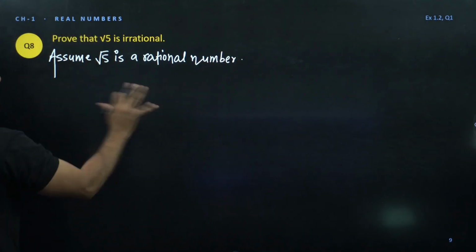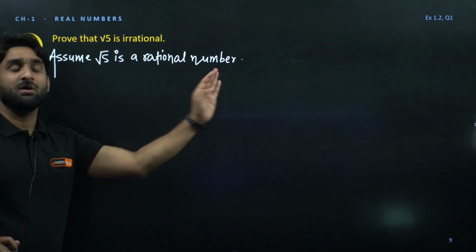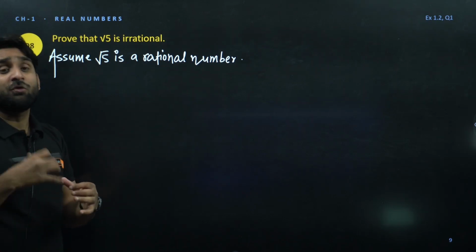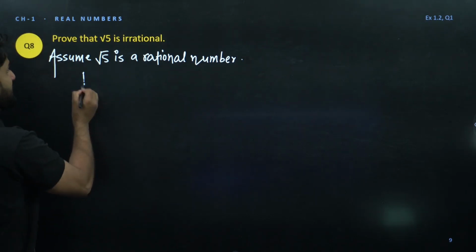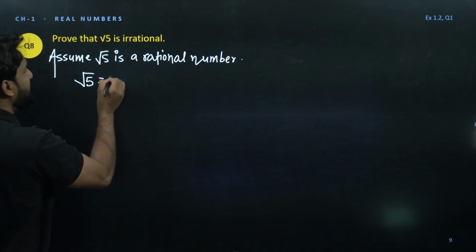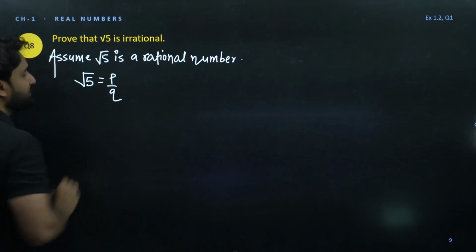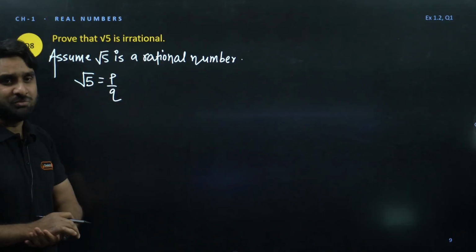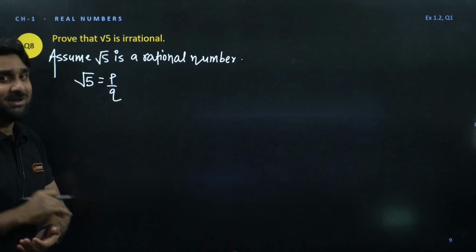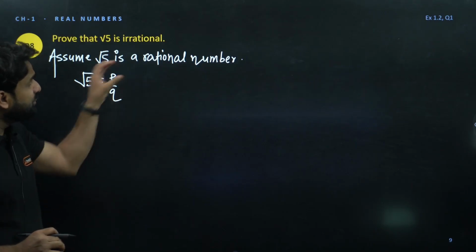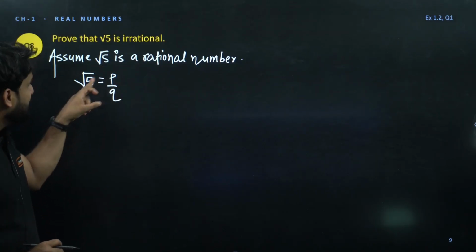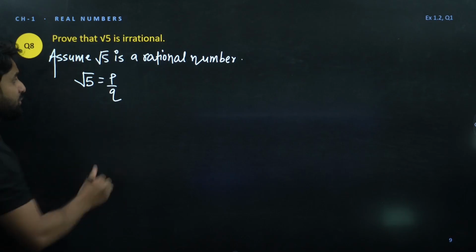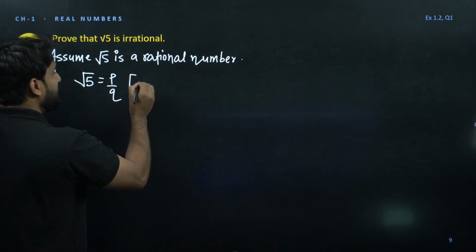This is our assumption. The solution will start from here. As you have assumed root 5 is a rational number, it implies that root 5 can be written as P by Q. Because we have assumed root 5 is a rational number, we have written root 5 is equal to P by Q, and this line is very important to mention.